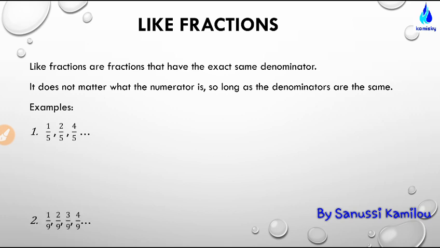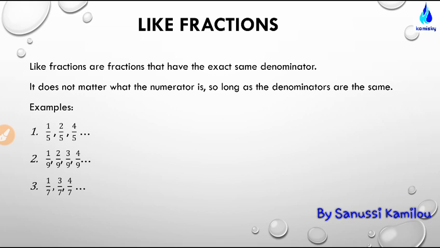Okay, look at my next example. 1 out of 9, 2 out of 9, 3 out of 9, and 4 out of 9. If you look at it very well, all of them are having the same denominator, which is 9, and the numerators are 1, 2, 3, 4. So write your examples down as I'm also writing mine.